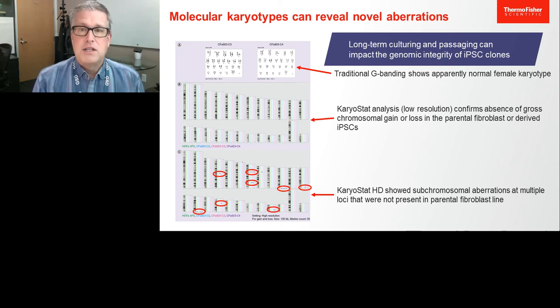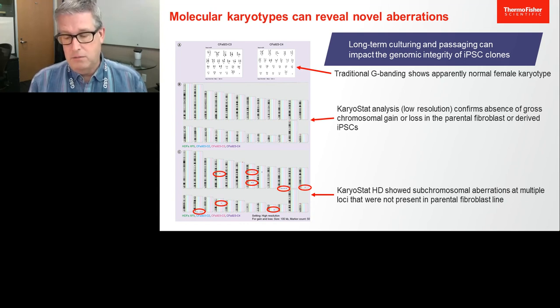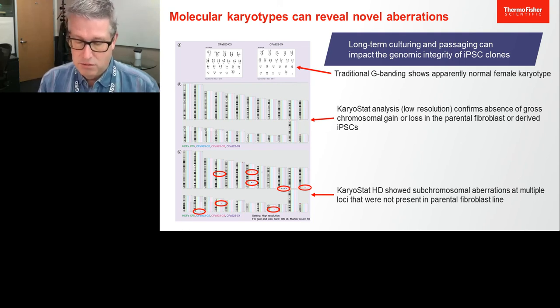But when you do these manipulations of cells, culturing them, you can often get aberrations. And traditionally, these chromosomal aberrations, after long passage in particular, are detected by using G banding. But this is a highly specialized and difficult process to do.